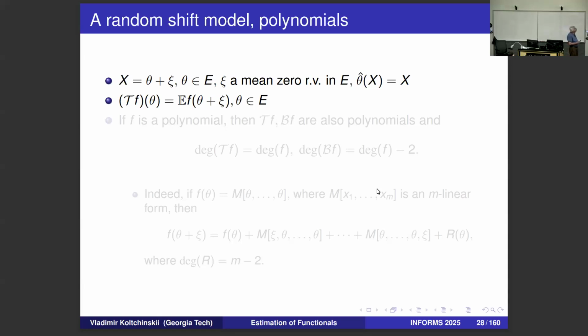Instead of an estimator, we now have just one single data point, and this is our estimator in simplified notation. Now, operator T in this case becomes just this operator.